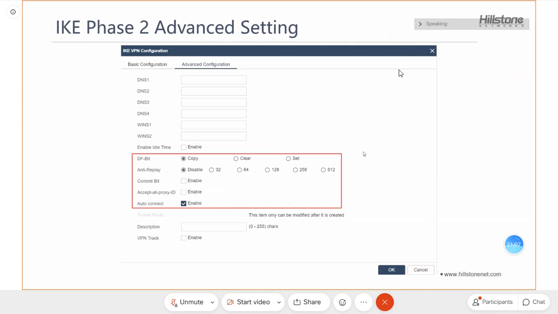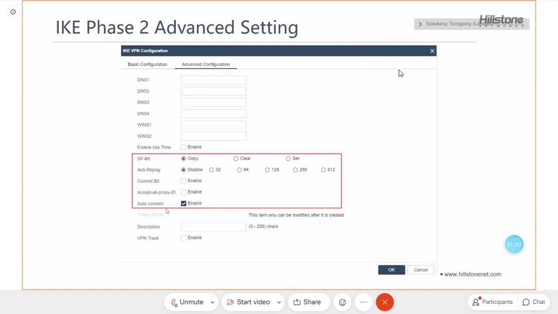There are also some other advanced settings in IKE phase 2. You can set the DF bit, anti-replay or commit bit, or accept all proxy ID. If you have multiple proxy IDs, you need to enable accept all proxy ID. And auto connect.